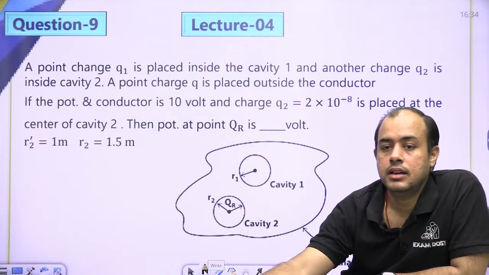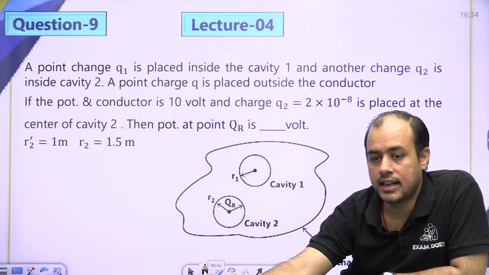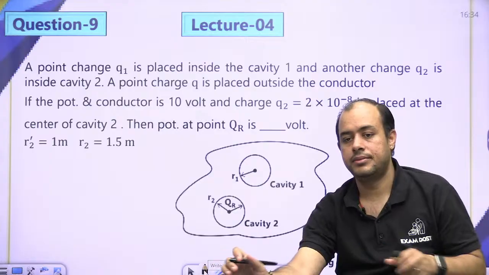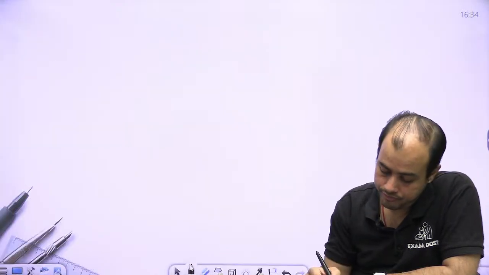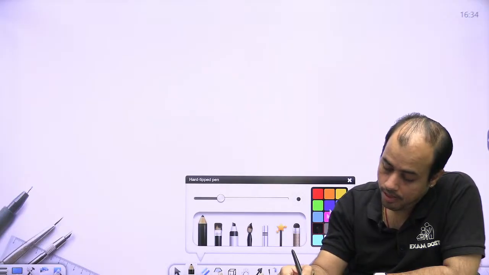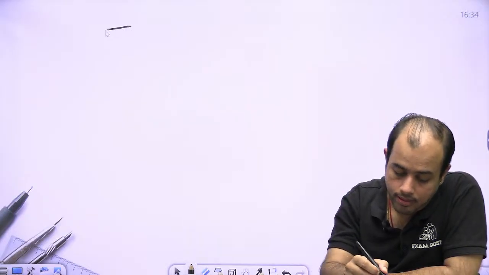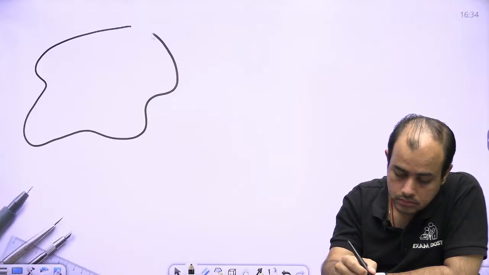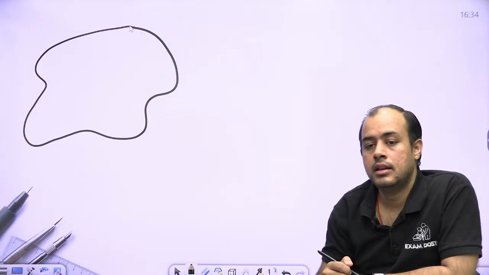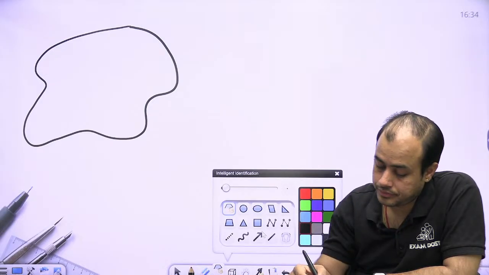Now, this figure needs a little bit more clarity. Okay. So, this is the figure.